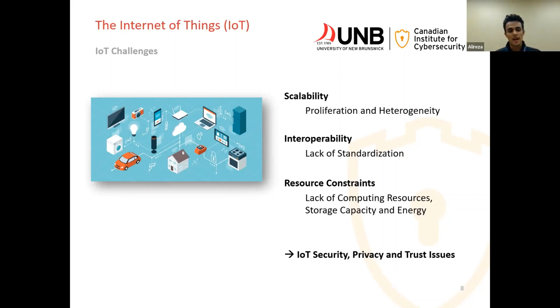These devices lack computing resources, storage capacity, and energy, so they cannot run very strong encryption or authentication mechanisms. And in terms of energy, some of them are prone to energy depletion attacks, which deplete the battery of a battery-powered sensor, and they can disable or deny its service. So all of these lead to lots of security, privacy, and trust issues.